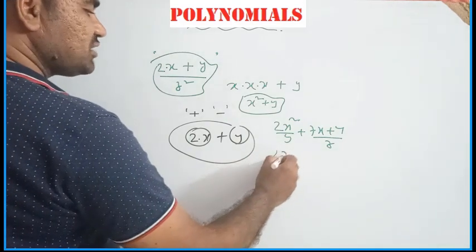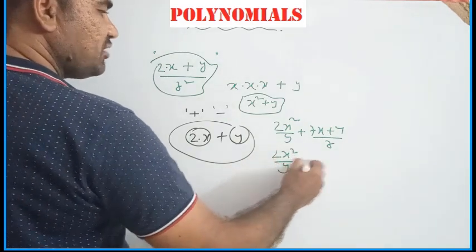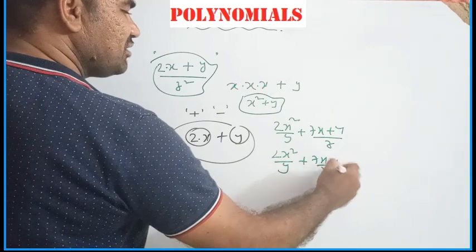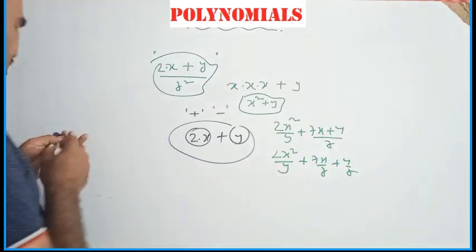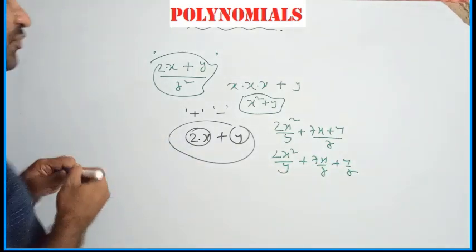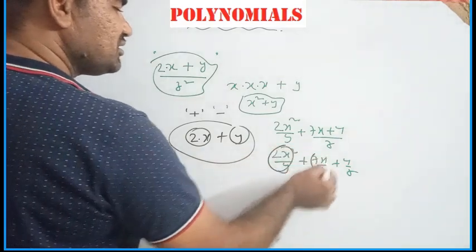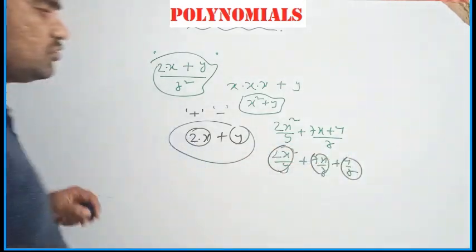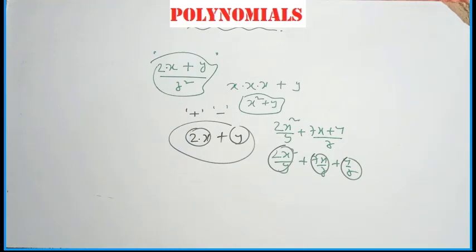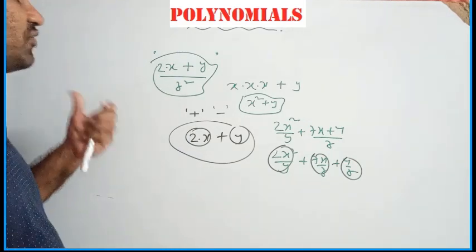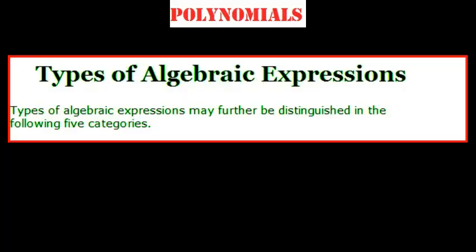So I am writing the expression like this: 2x square by y plus 7x by z plus 4 by z. Now you can say that this algebraic expression contains three terms, namely 2x square by y, 7x by z and 4 by z. So this is the concept of terms of an algebraic expression.